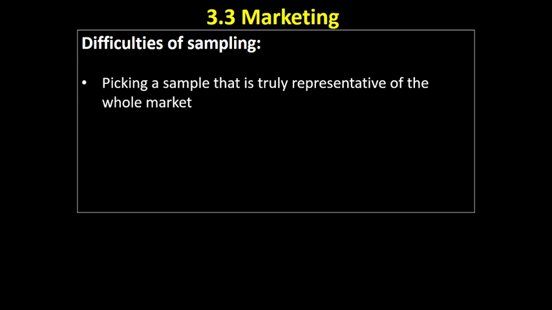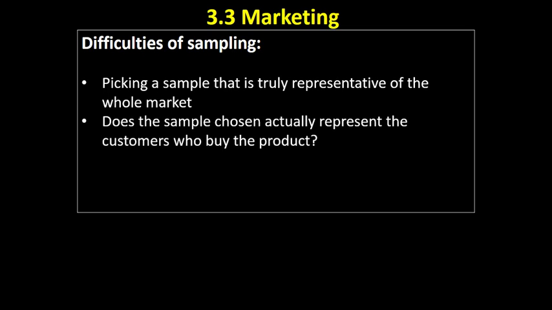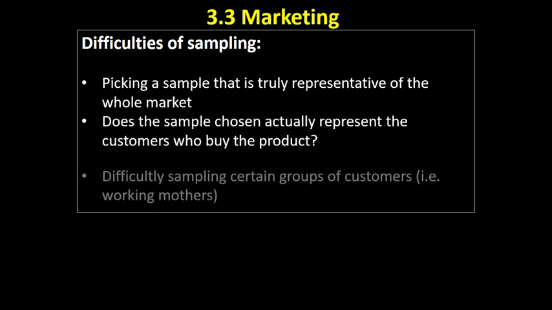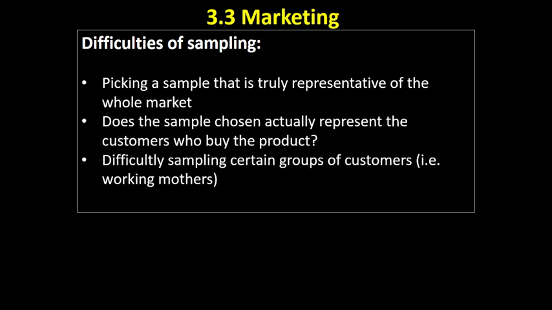So you may have an idea that most of your customers work in offices near you or something like that, but you may not have full information about exactly who's buying off you, and therefore the sample chosen may not represent those customers who actually buy the product.